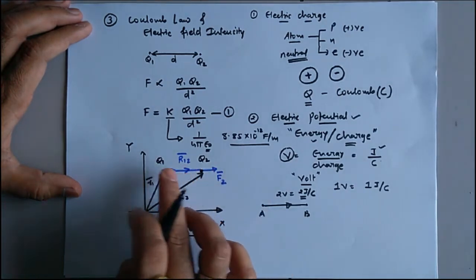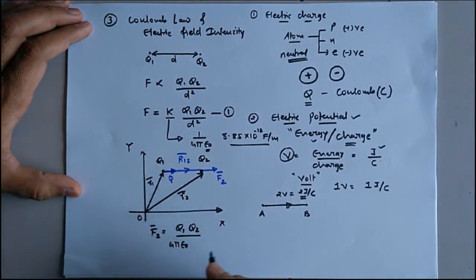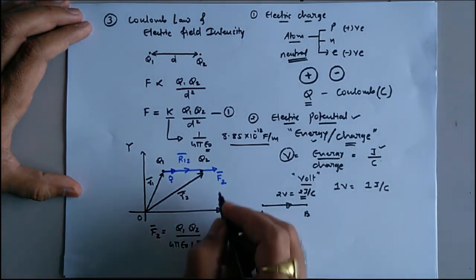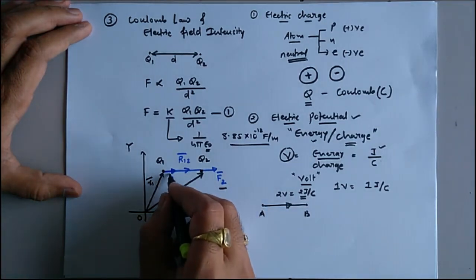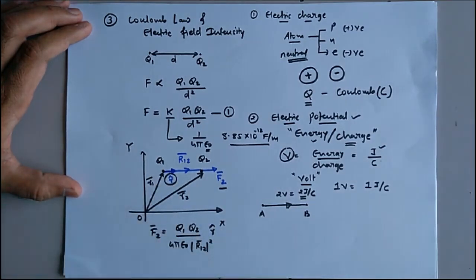Here the distance between these two charges is indicated by the symbol R12 bar, so R12 bar magnitude square, multiplied by the direction of this force. The direction of this force is defined by the unit vector, so we need to multiply this expression by r cap.